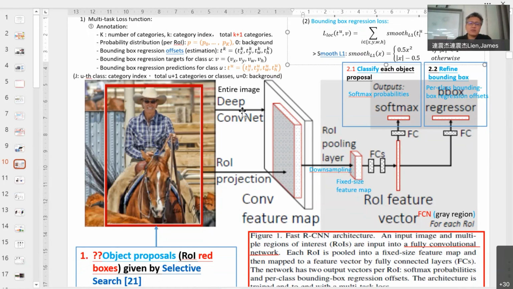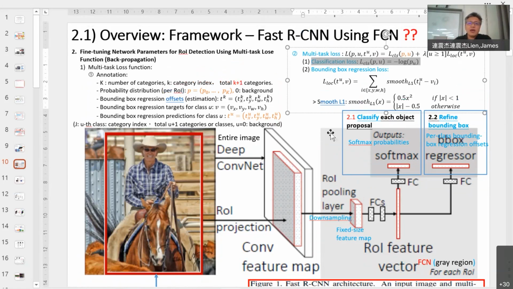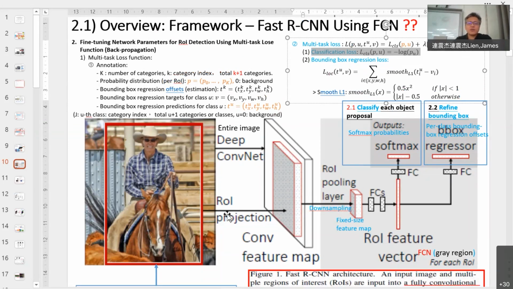This encoder can be AlexNet or VGG, because at that time VGG already existed. So the features come from here, and the bounding box is the initial bounding box from selective search.